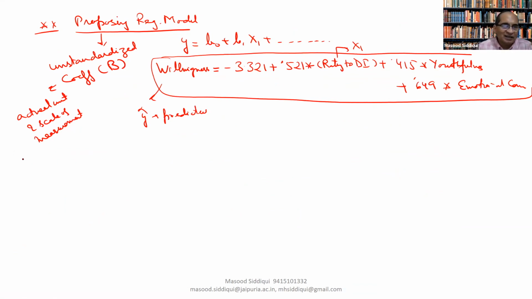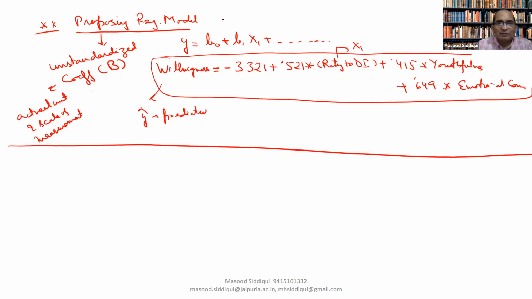So this is proposing the regression model. This regression model is used for prediction or forecasting purposes. By this, you can forecast or predict the values. Let me show you these slides.